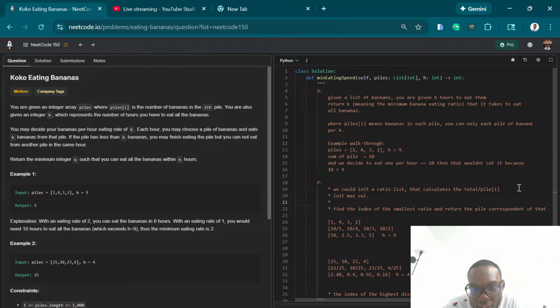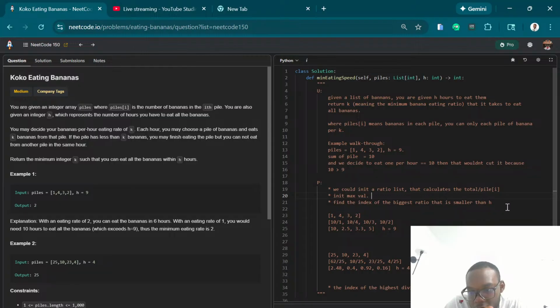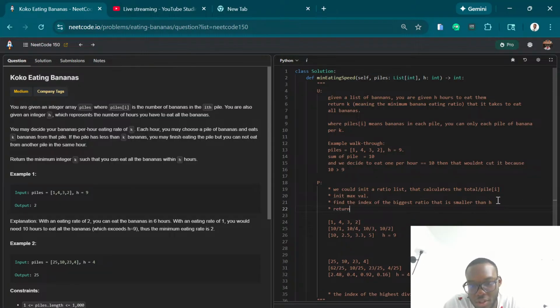And then we can say find the index of the biggest ratio that is smaller, and return the index of the number that index maps to in height.